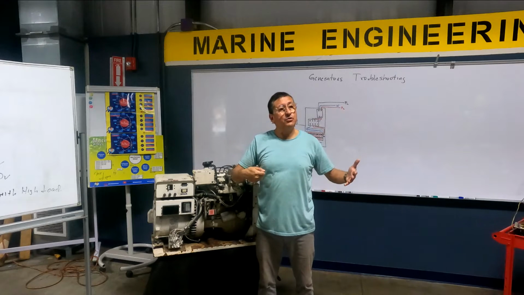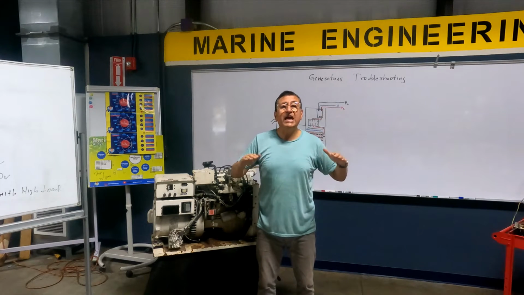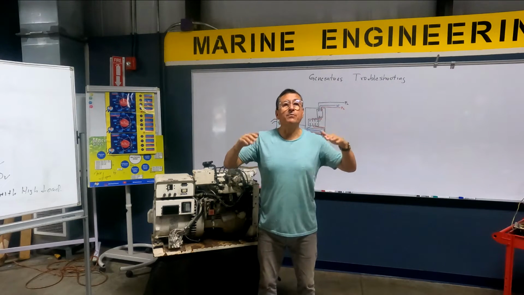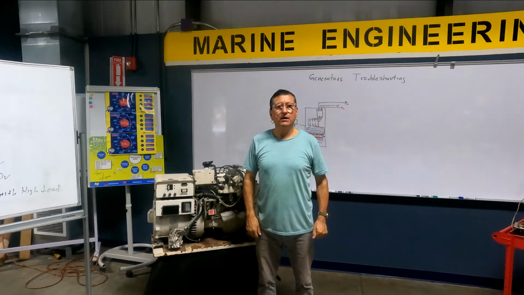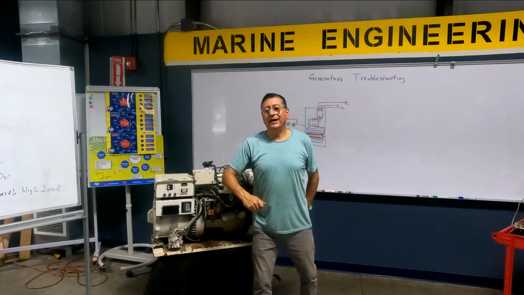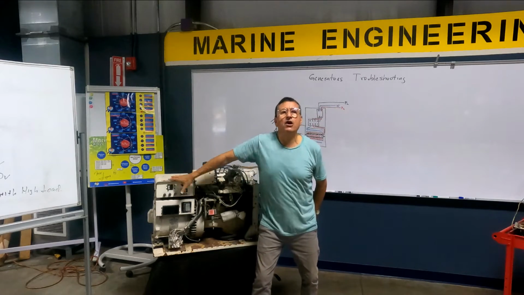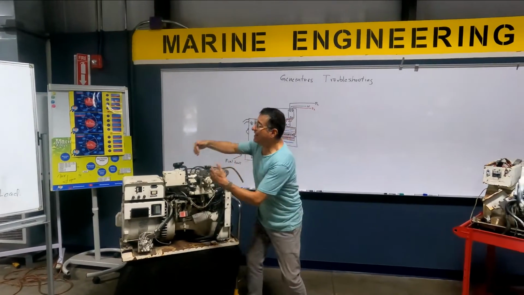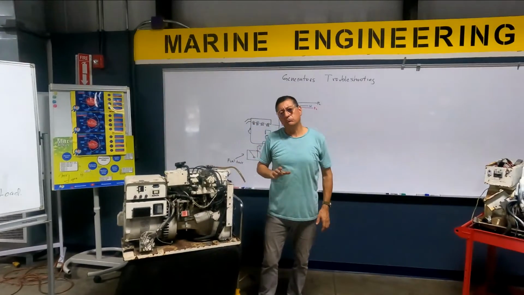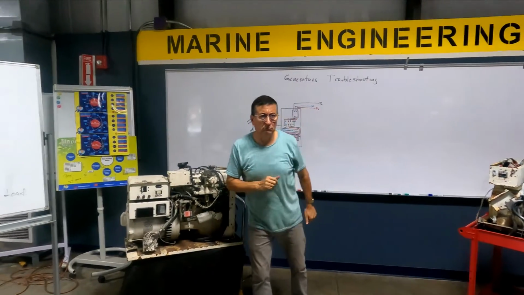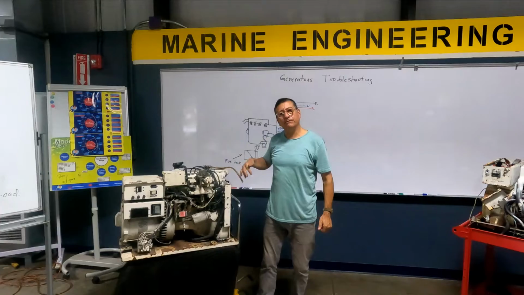The generator starts to produce once the engine reaches the operational RPMs. That's clear? All right, for that reason, if I am cranking the generator here, cranking, and no start, is it an electrical problem? No. In general, no. It's a mechanical problem.